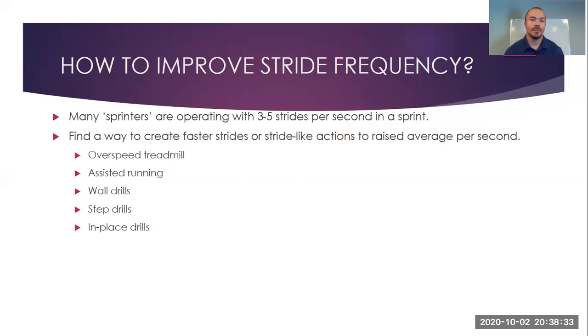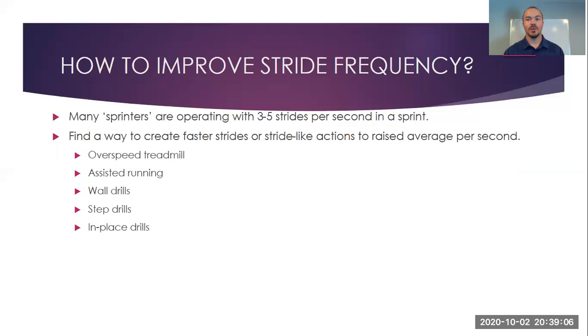Some of these have a big giant harness and carousel above the treadmill, and the athlete is put into a belt, and they're going to be running at speeds they can hardly control. They've got that belt and harness system so that if they trip and fall or slip or sustain an injury, the harness is going to salvage them and keep them safe from sustaining worse injuries. But the goal there is to improve their ability to produce stride frequency.